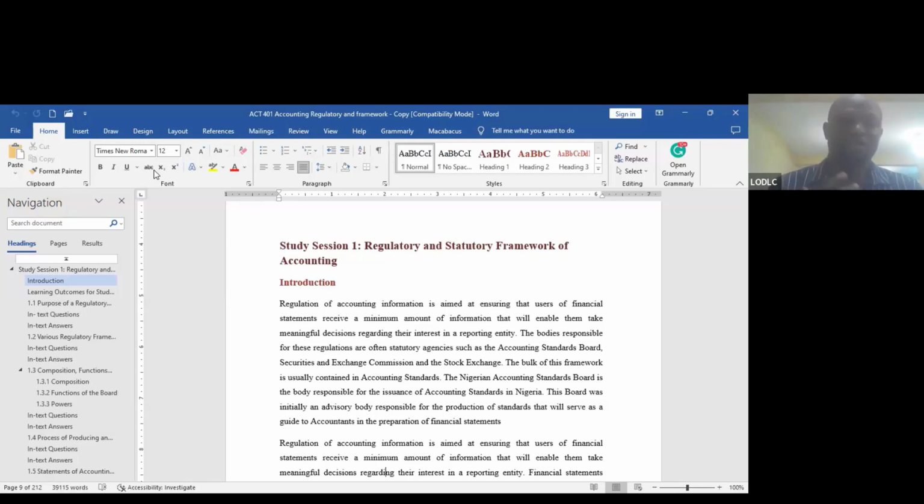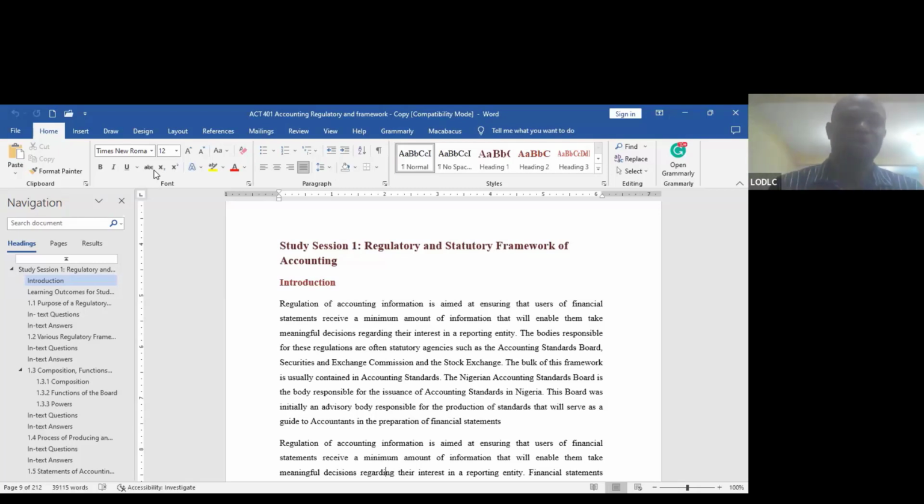Let me give you an instance. If you happen to be one of the shareholders in a particular organization, automatically you are one of the owners of that organization. So you need some information for you to make a particular decision at the end of the year.